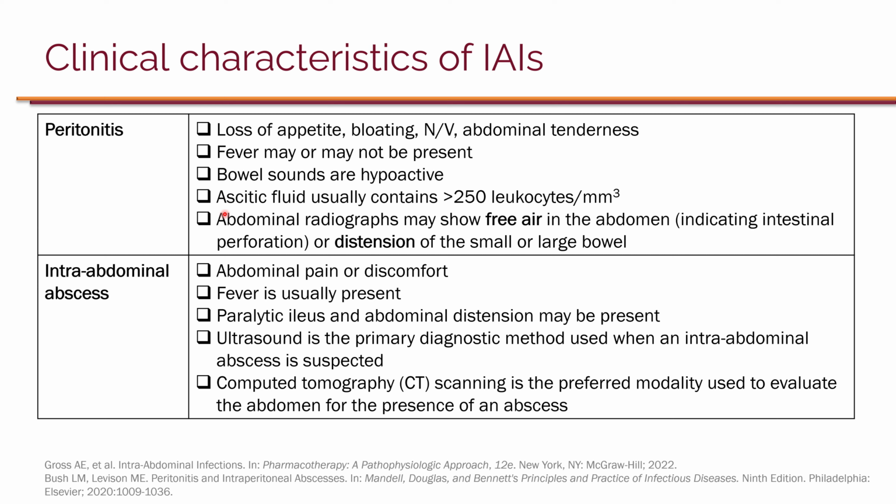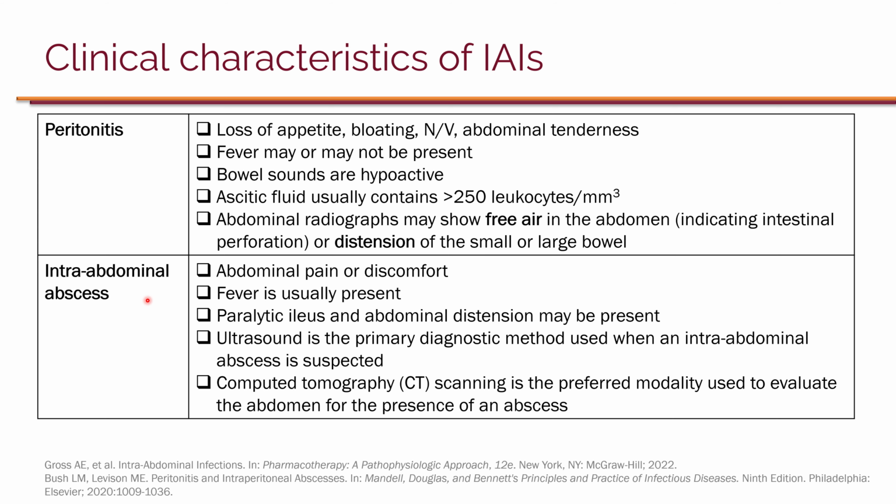Now with peritonitis, pretty much ascitic fluid is available, and on ascitic fluid analysis, you will have leukocytes more than 250, that's essentially diagnostic criteria for peritonitis. And on imaging, abdominal radiographs may show free air in the abdomen, which indicates perforation, or distension of the small or large bowel. For abscess, again, there will be abdominal pain or discomfort.